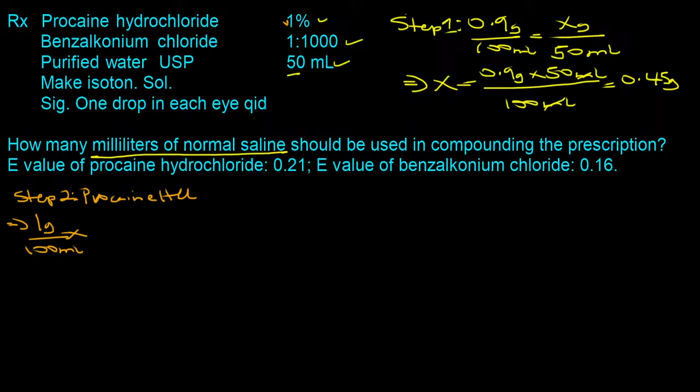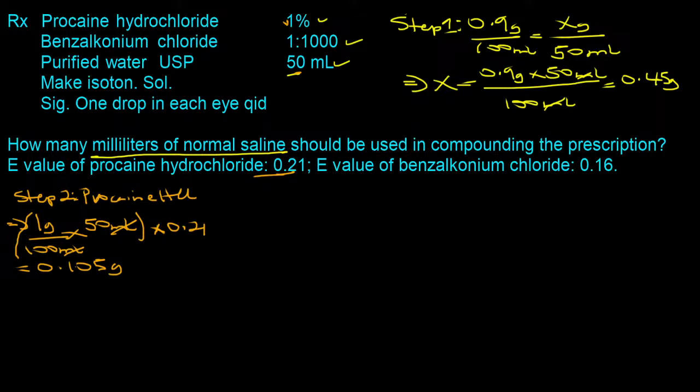Then we multiply this by the volume of the preparation. Here it's 50 milliliters. This gets us to grams, and it's the amount of grams that we want to actually multiply by the corresponding E value. Here the E value for Procaine hydrochloride is given as 0.21. And so that is going to be equal to 0.105 grams.